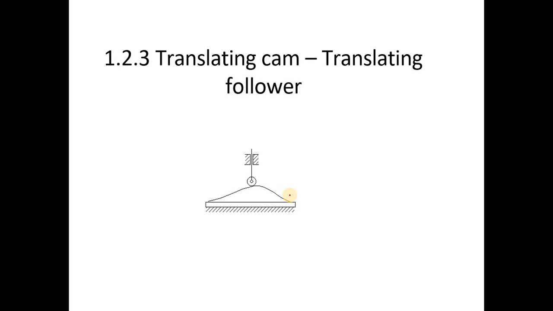You can see our third type, that is translating cam and translating follower. This is the motion of translation. This is the fixed link, and you can see this particular roller follower moves on the surface of this cam. The roller follower moves on the cam surface, so what we call a translating cam and translating follower.